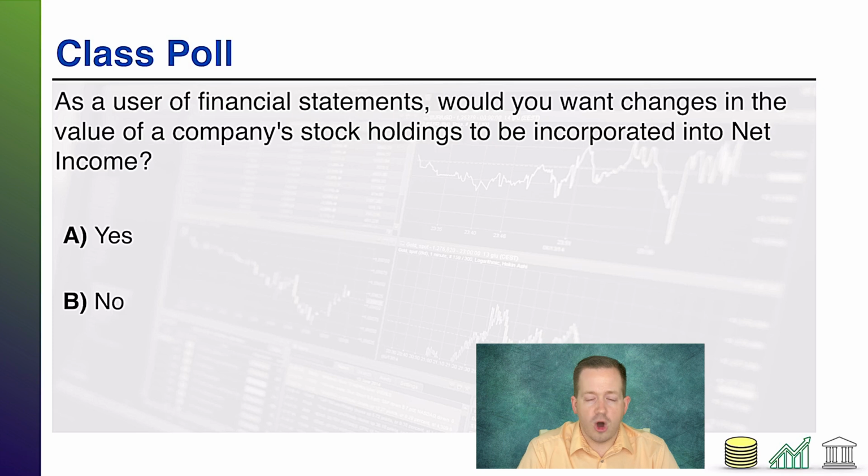Do you want all of that up and down stuff that's not related to the company actually doing its regular line of business to end up on the income statement and therefore affecting the company's net income? Yes or no? So again, take a moment, think about it, and then choose what you would like to see here.